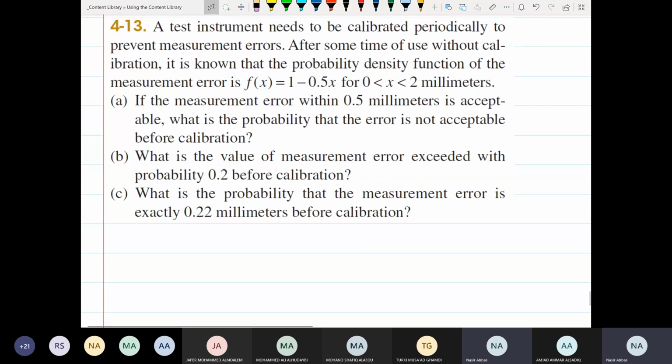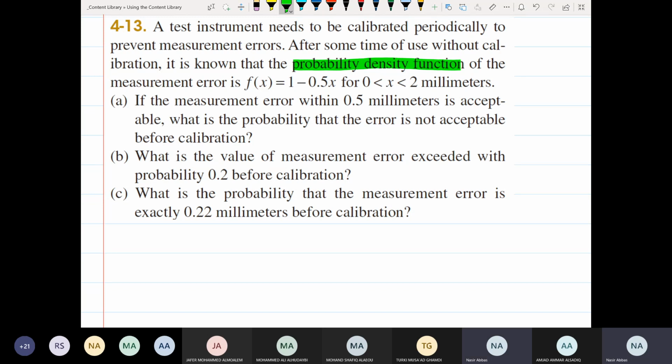that a test instrument needs to be calibrated periodically to prevent measurement errors. After some time of use without calibration, it is known that the probability density function, PDF, of the measurement error f of x is 1 minus 0.5 times x for x between 0 and 2.